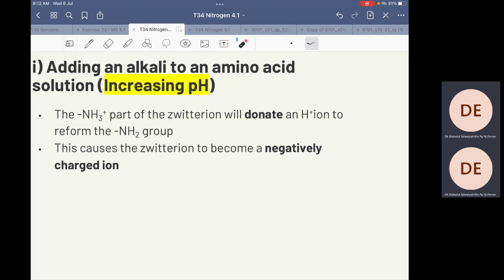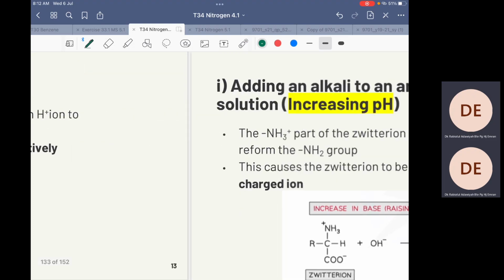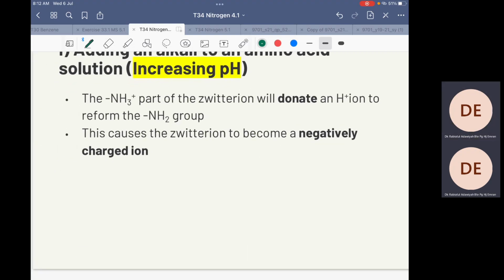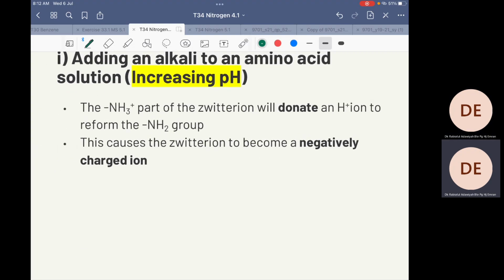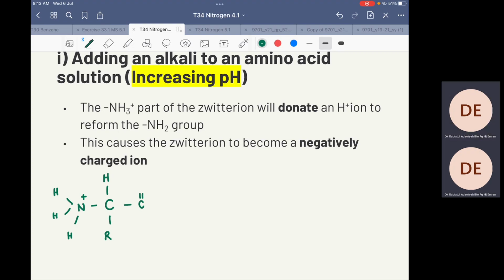We start with the zwitterion. I'll put my hydrogen on top and my R group at the bottom, and then NH3 plus, that's my amino group, and then my COO minus, that's the acid group.